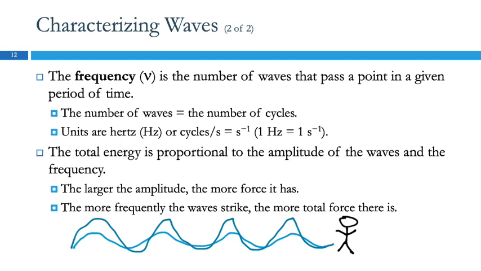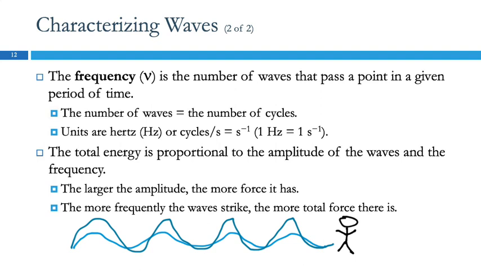Yeah. If you go out there when there's a surf warning and they got really, really big waves out there, one of those waves could knock you over, right? So that's the amplitude of the wave. The higher the amplitude, the more energy there is. And the other thing that affects the energy is the frequency.